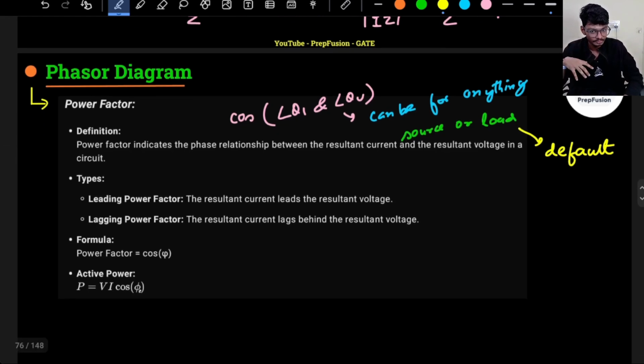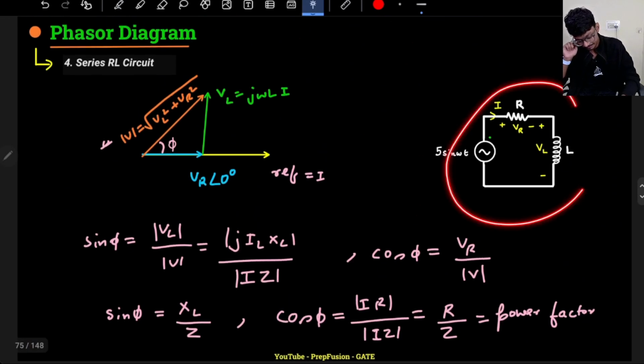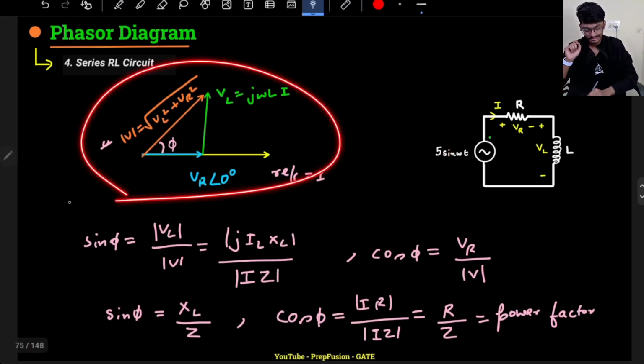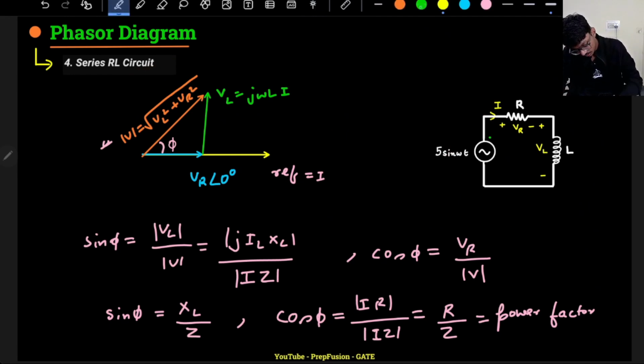What do leading and lagging mean? Leading power factor means the current leads the resultant voltage, and lagging power factor means the current lags the resultant voltage. Now in this circuit, what is happening? Is this an example of leading power factor or lagging power factor? This is an example of lagging power factor. Why?